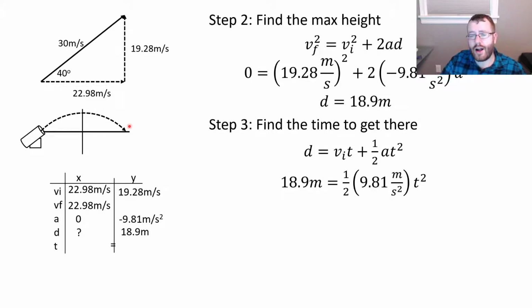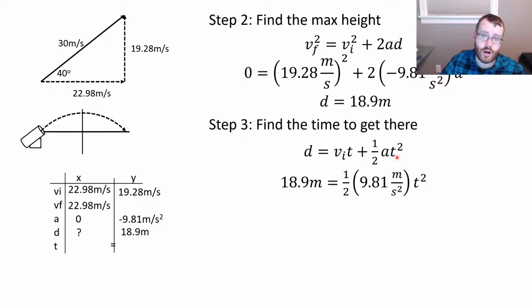And the reason why I'm doing that is so I can make my initial velocity 0. If I used 19.28 meters per second in the initial velocity, and I chose negative 9.81 because it's going the opposite direction, I would get the same answer as I would get right here. But what I would have to deal with is time in two places.